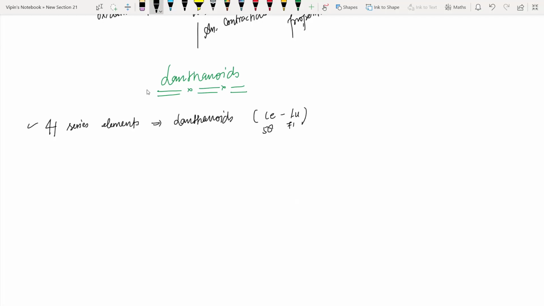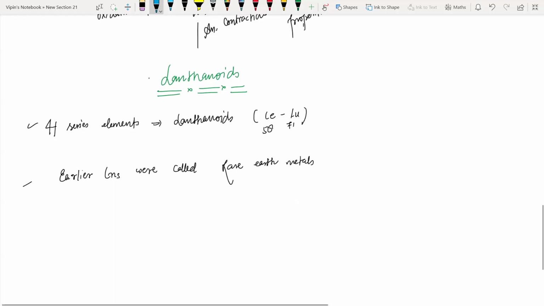In earlier times, lanthanides were called rare earth metals. But nowadays this terminology is not appropriate, because lanthanides are found in a considerable amount.